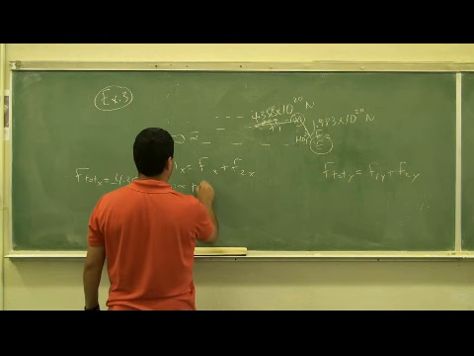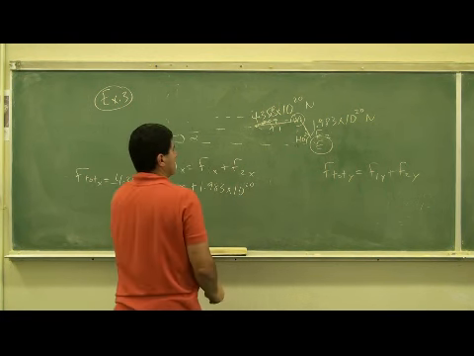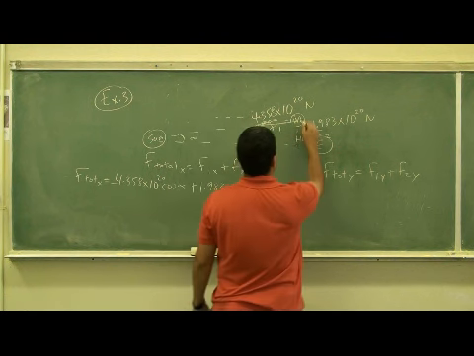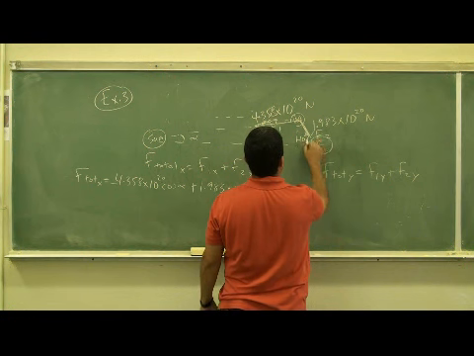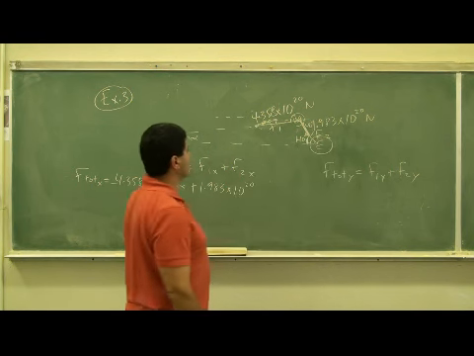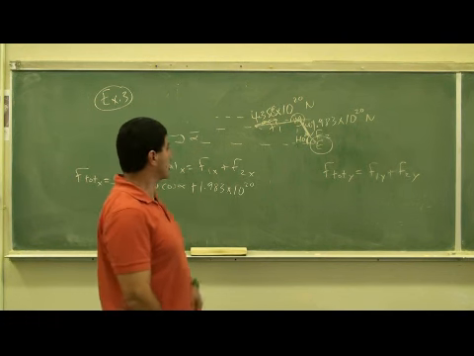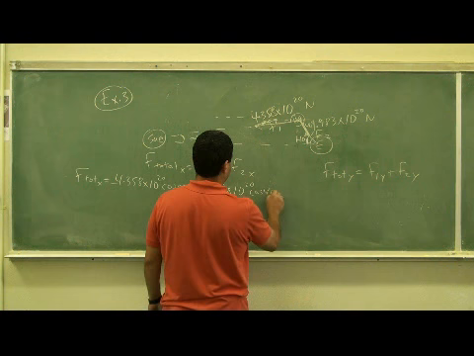So it's going to be 1.983 times 10 to the 20th times, let's see here, if this is 40 degrees from the horizontal, this is also 40 degrees. So we can just take 1.983 cosine of 40.